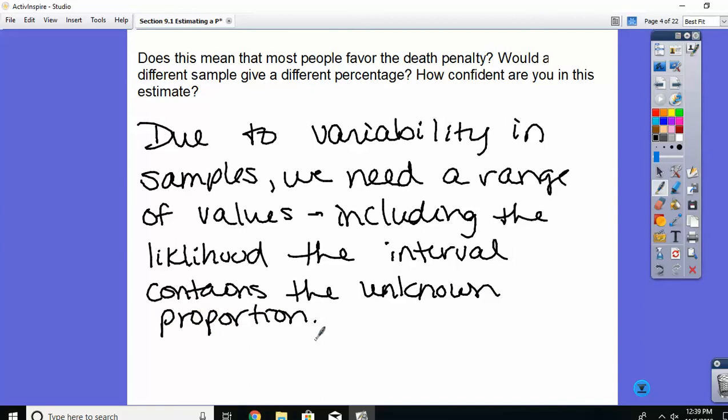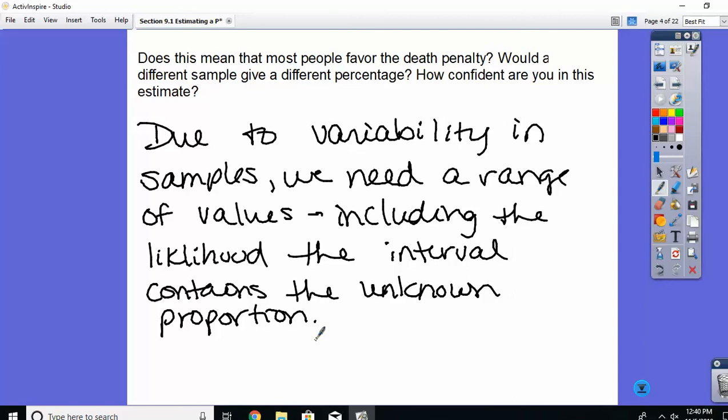In other words, I want to get to the point where I can say, okay, I know that it is probably next to impossible that the entire population also is in favor of this at a rate of 62.9 or whatever percent. But I might be able to say I am 90% confident that the value is between 60 and 66%.